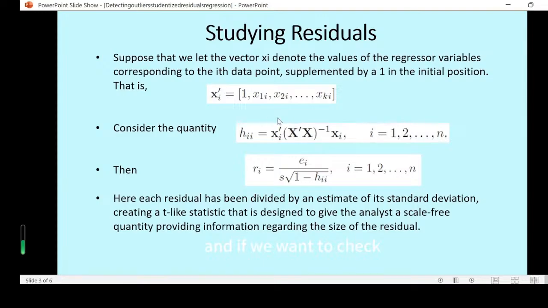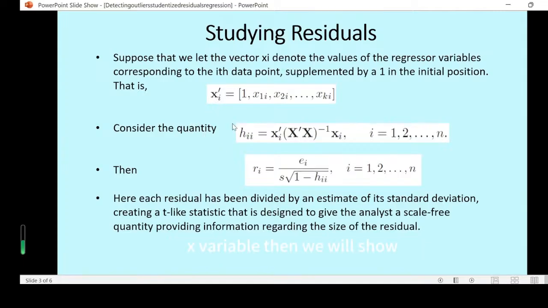If we want to check which are the outliers, observation by observation, we can write a row vector for this observation, xi, and xi is a vector with these independent variables. So 1 to k means there are k explanatory variables in the model. So this is a row vector particular for this observation's x variables.